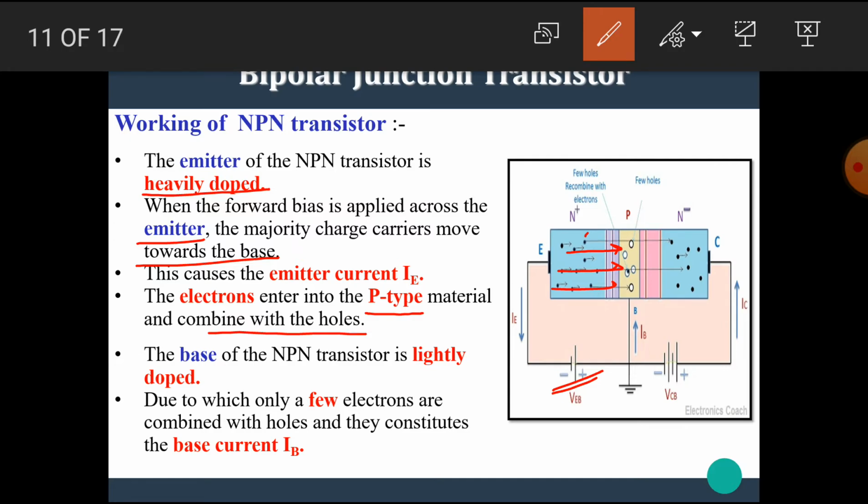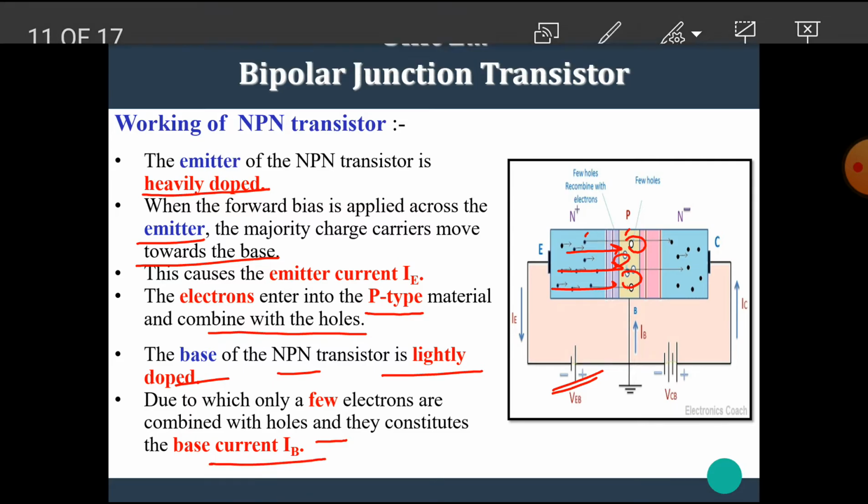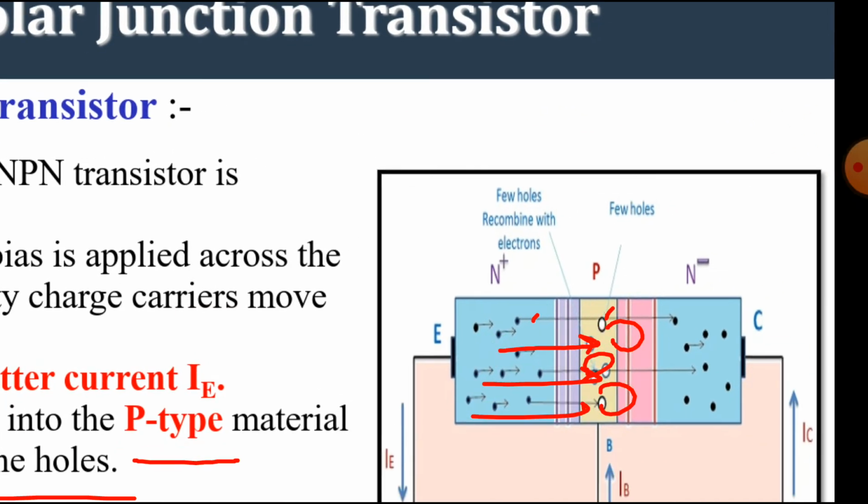The base of the NPN transistor is lightly doped, due to which only a few electrons combine with the holes and constitute the base current. That means let's see once again.